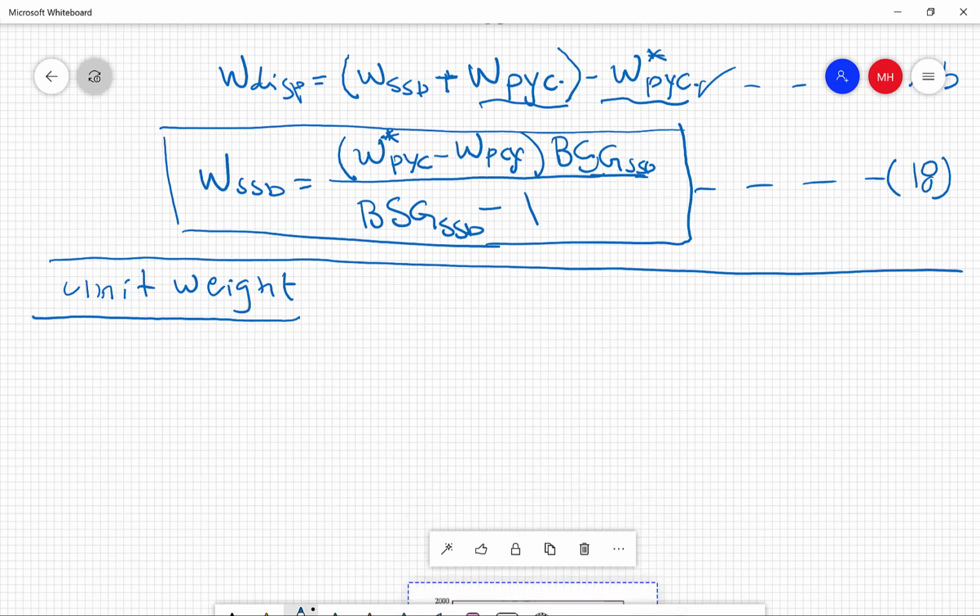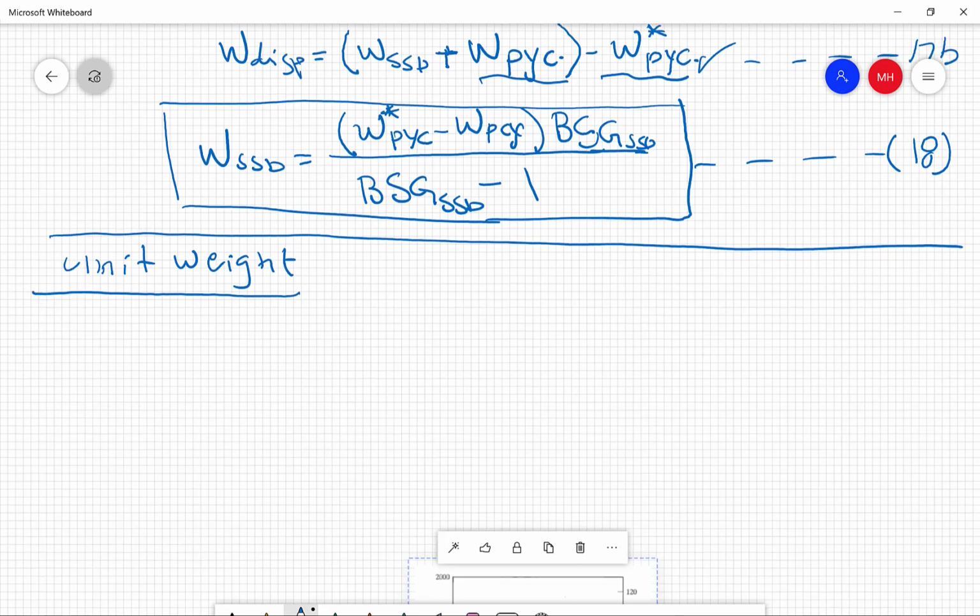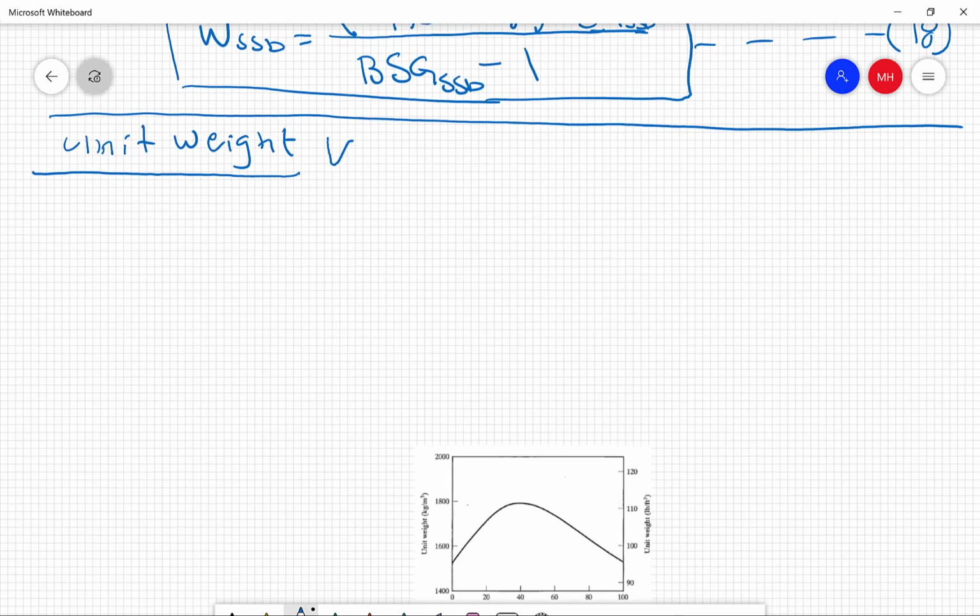As we said in the previous lecture, the unit weight can be defined as the weight of a given volume of graded aggregates.